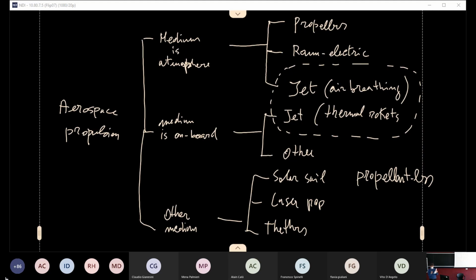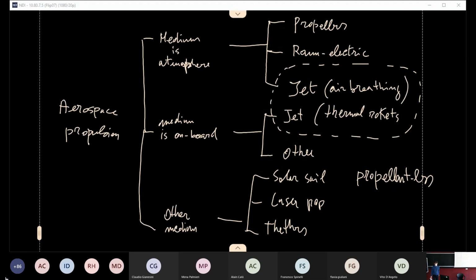They allow to exploit atmospheric propulsion at Mach number between more than 3 up to 5, more or less, and for even higher Mach number, to get propulsion, you have to burn the fuel at supersonic speed.